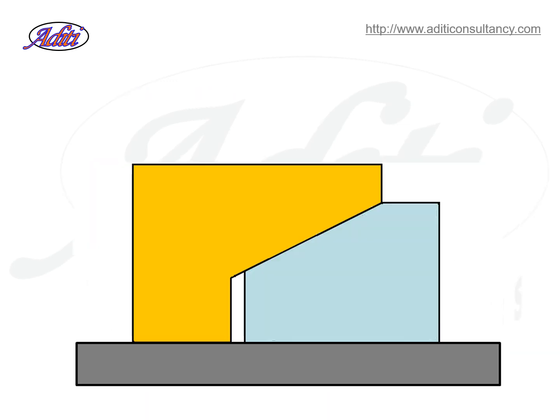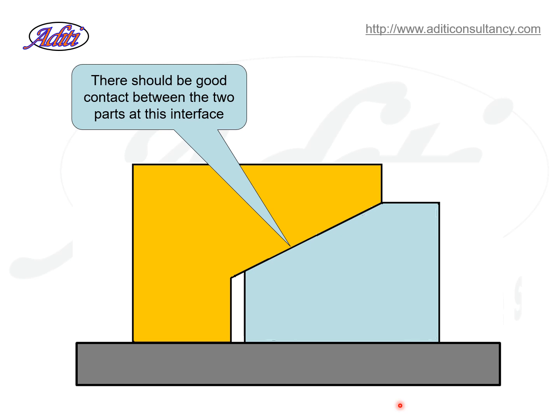Now, when I want the two surfaces in assembly to be like this, and I want the contact between the two surfaces should be good, for that I want this angle to be controlled exactly, then the variation in the angle may have to be very small depending on how much gap you can allow between these two surfaces.